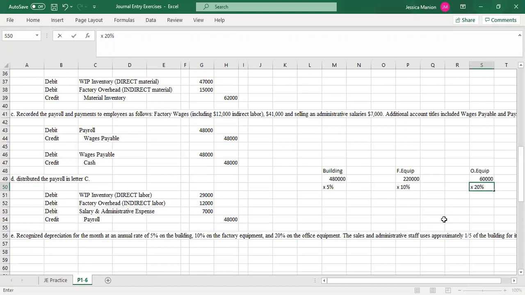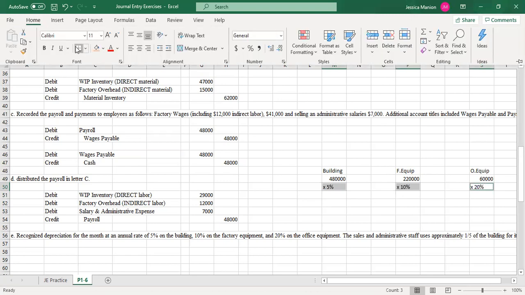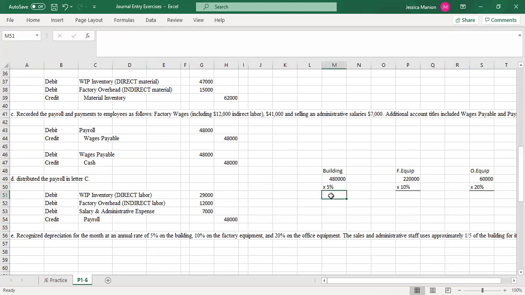And then remember, this is for an entire year. So once we calculate this number, we're going to need to divide it by 12, basically break it down into months as well. All right, so let me do the math on these. So we've got equals 480,000 times 0.05.